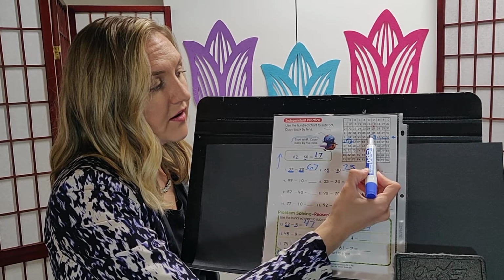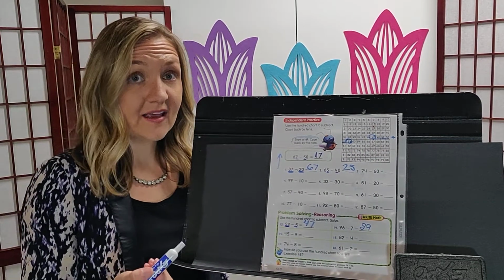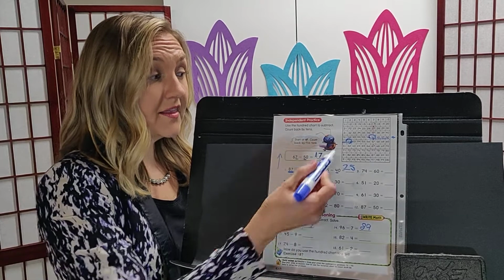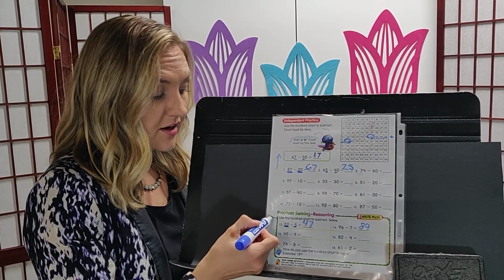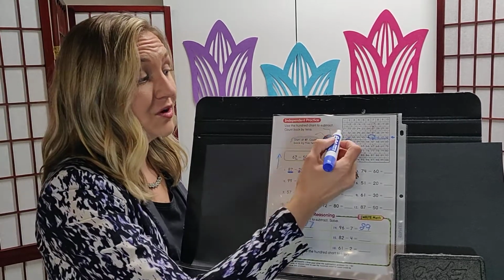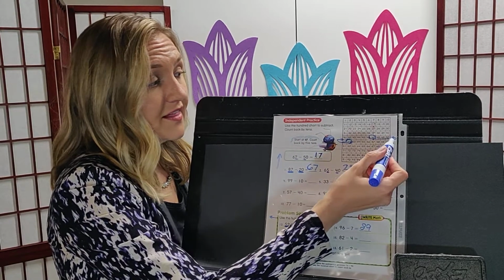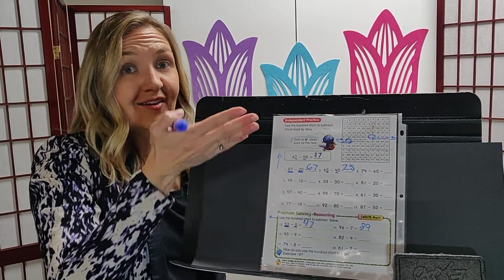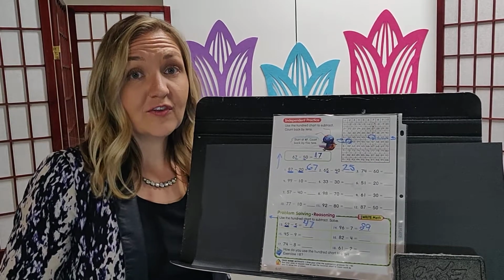And here we are at 47. So yes, it's the same answer, but the different strategy here is that you're traveling on the hundreds chart, traveling to the left, but then sometimes you have to loop all the way around to get to the next higher row. If that's tricky, no problem. Just try and use your fingers to help you out.